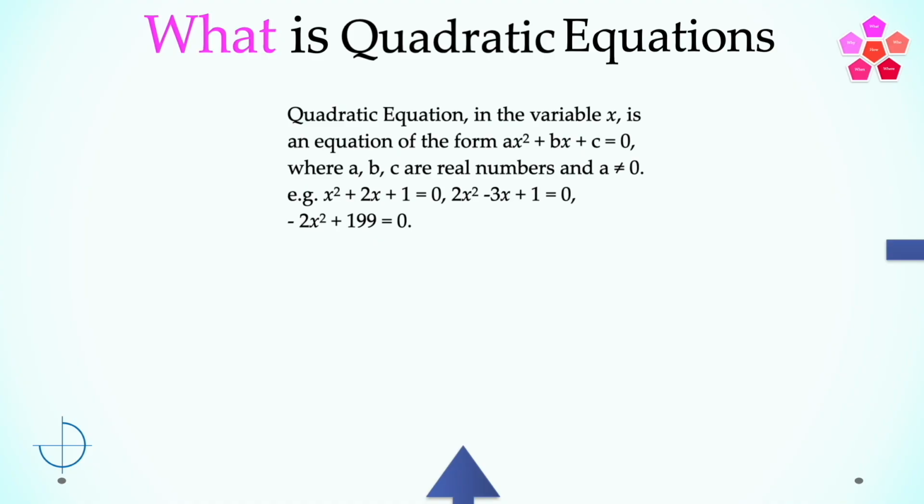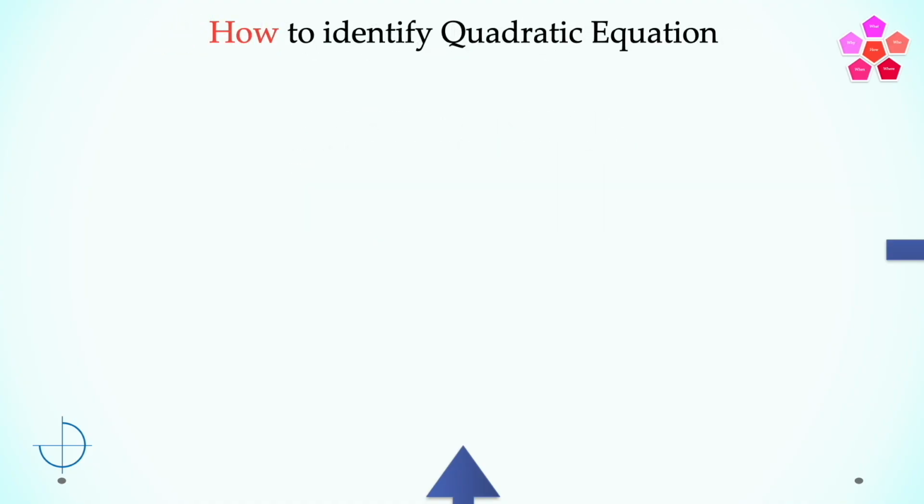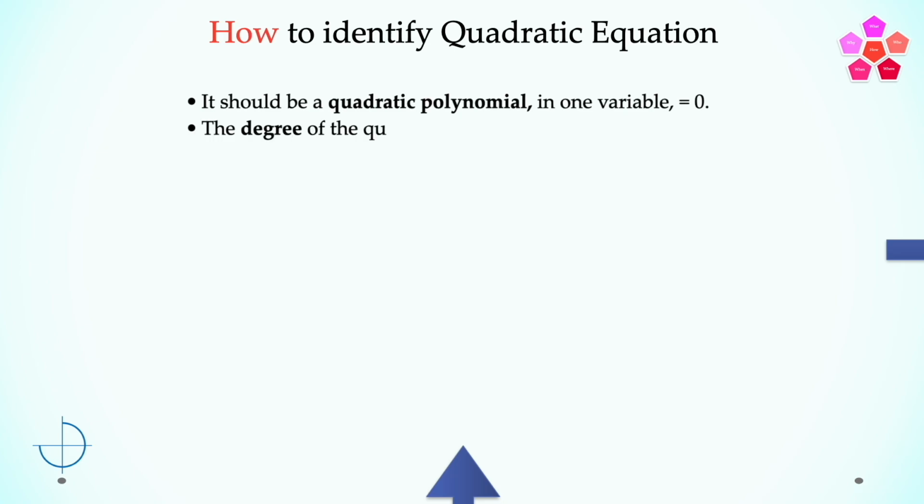Now that we have a feeling of quadratic equation, let's see how to identify the quadratic equation. The conditions to identify are as follows. It should be a quadratic polynomial in one variable and it should be equated to 0. Quadratic polynomial was part of the fact, remember? The degree of the quadratic polynomial should be exactly equal to 2.